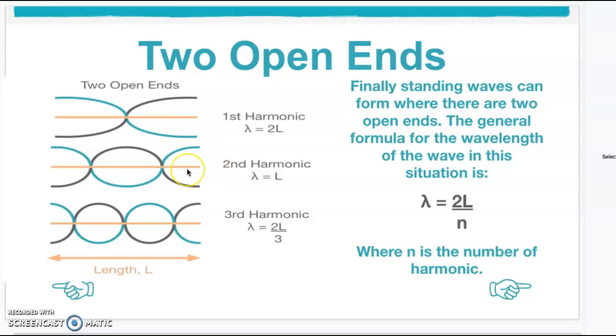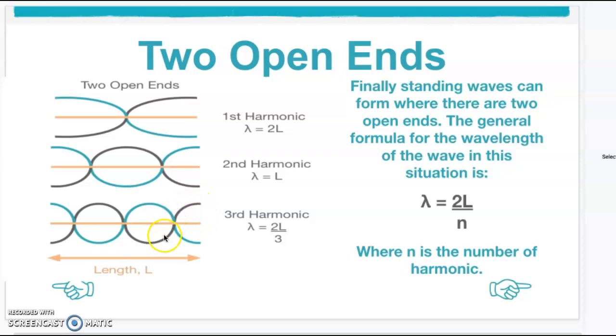Our second harmonic is the same thing as in 2 fixed ends. What you can see here is this is an entire wave, so that wavelength is equal to L. Now I'm on my third harmonic. So you've got 1, 2, and what I'm going to do here is divide the half wavelengths.